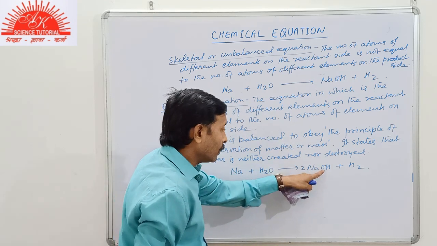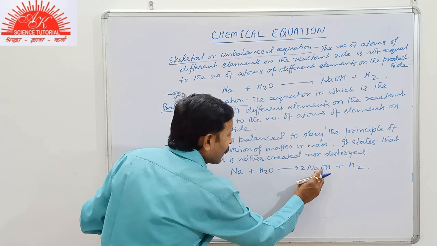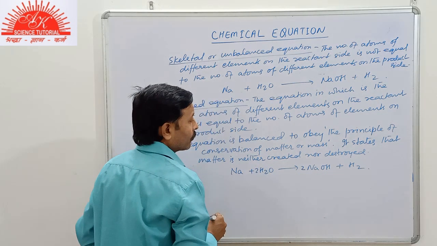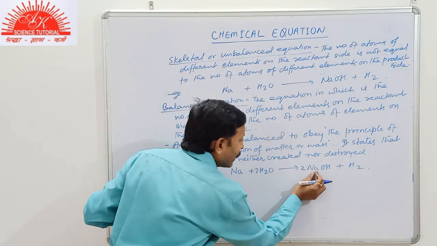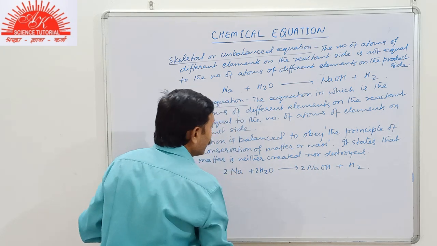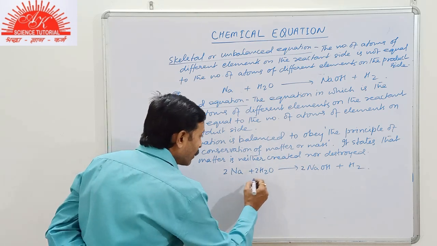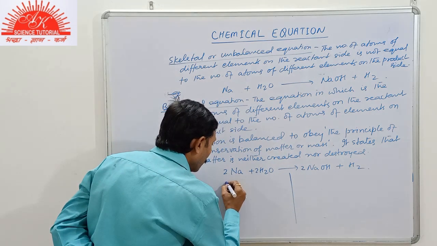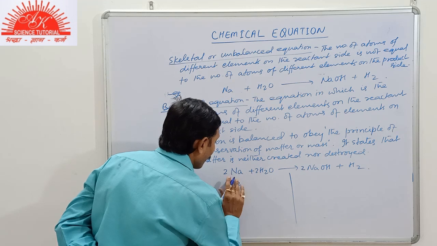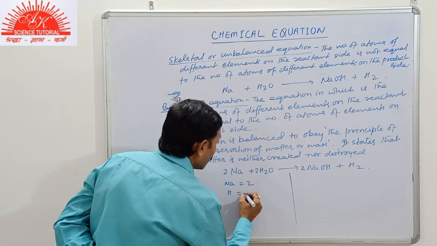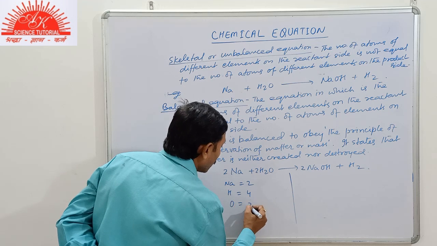Now we see that there are 2 oxygen atoms, so we write 2 here. At the same time, there are 2 sodium atoms, so we write 2 here. So now the equation is balanced. On both sides you see, there will be 2 sodium atoms, hydrogen 4, oxygen 2.